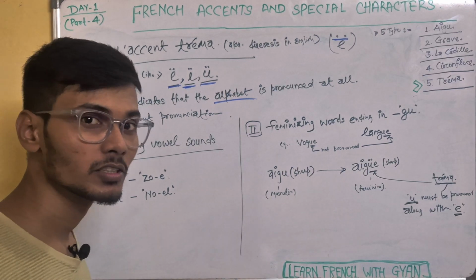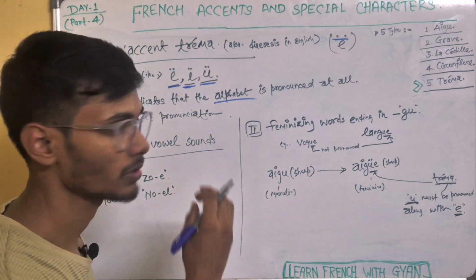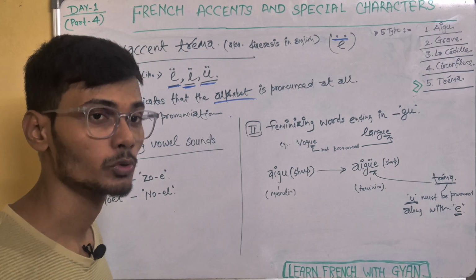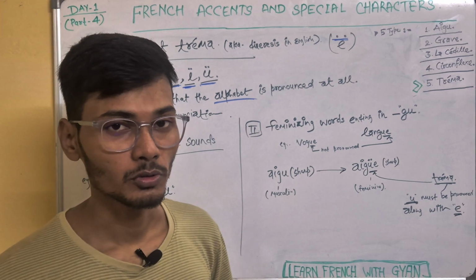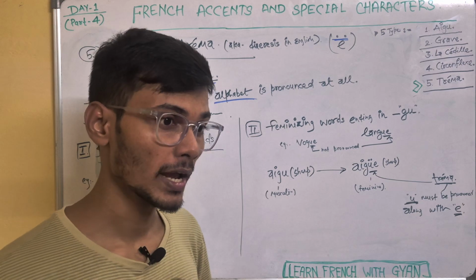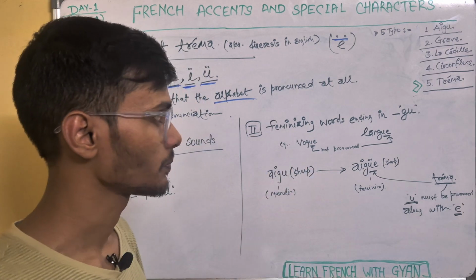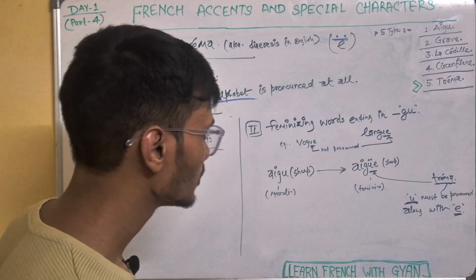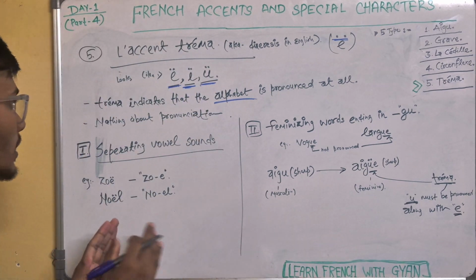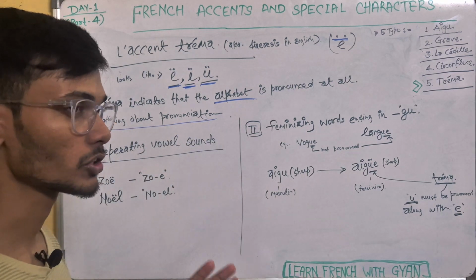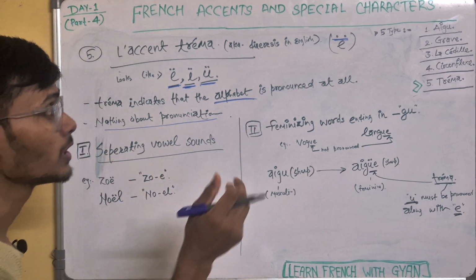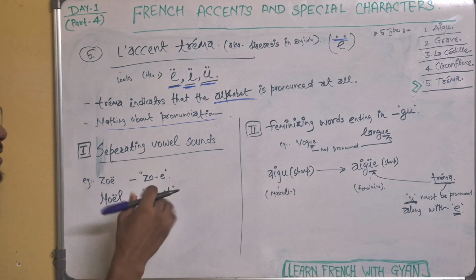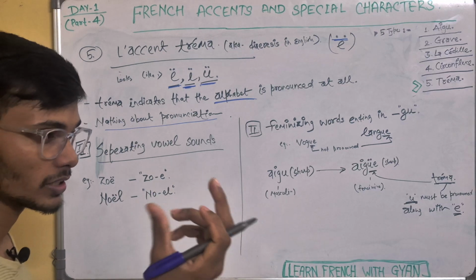But the pronunciation does not actually change with the trema. It does not give any indication of how one should pronounce the letter, but rather tells you that you have to pronounce this part if it is there, and the vowel parts which follow it. I'm going to explain that to you in a while. It does not talk about pronunciation, it only tells that you have to pronounce. It separates vowel sounds into two parts.